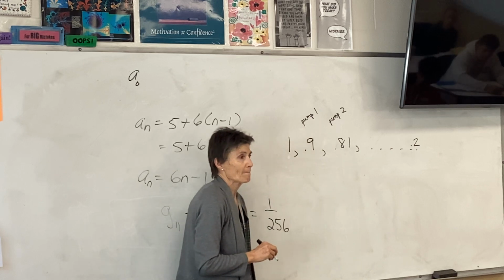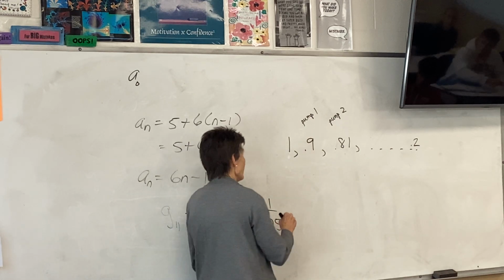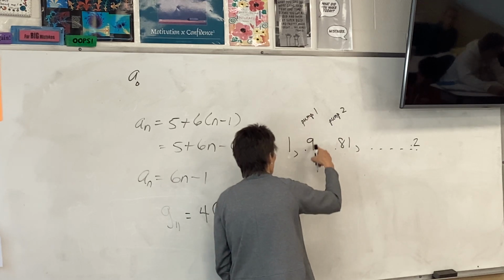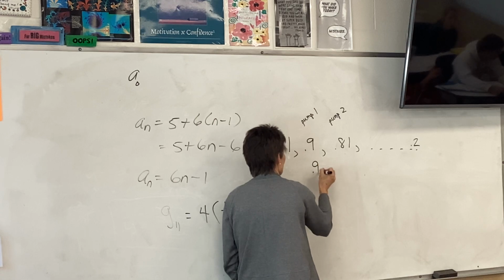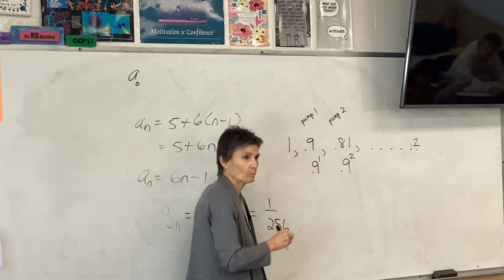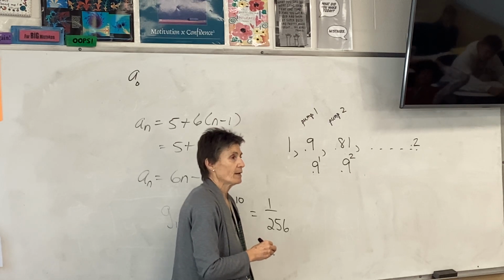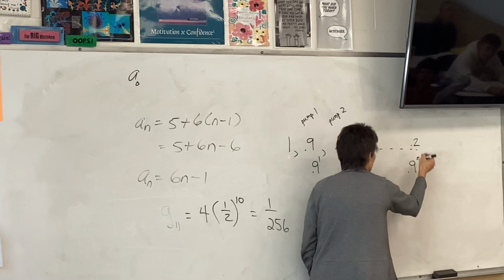Who had an idea? Well, after one pump, it's 0.9 to the first. After two pumps, it's 0.9 to the second, and so on. Would you agree? Okay, so I want to know after how many pumps it's that.